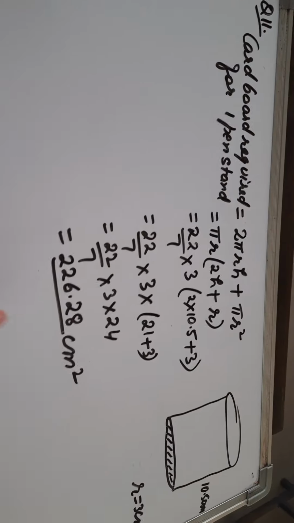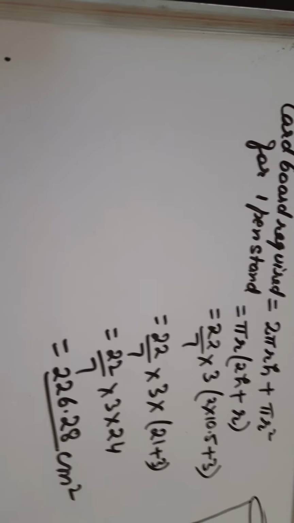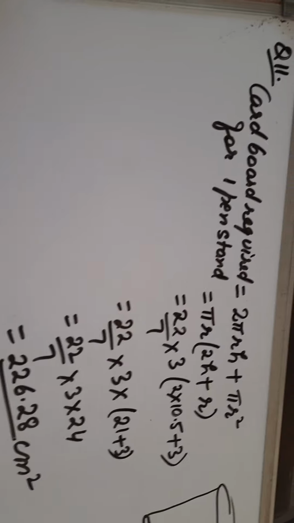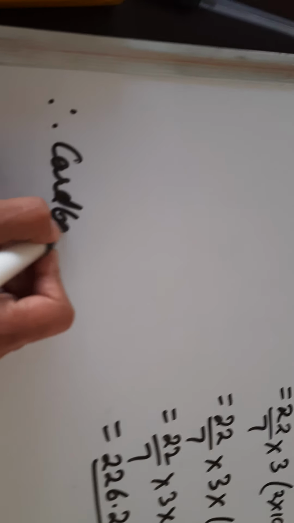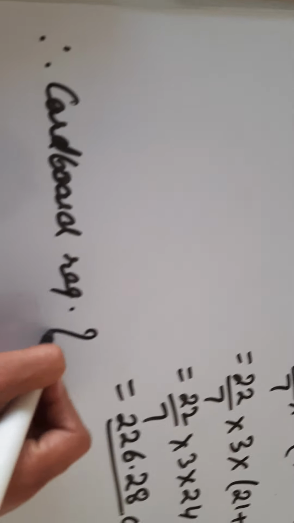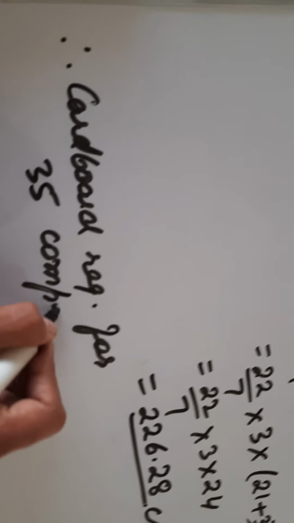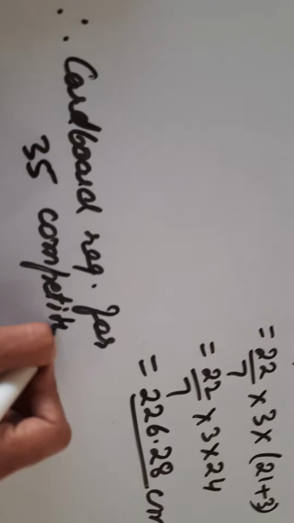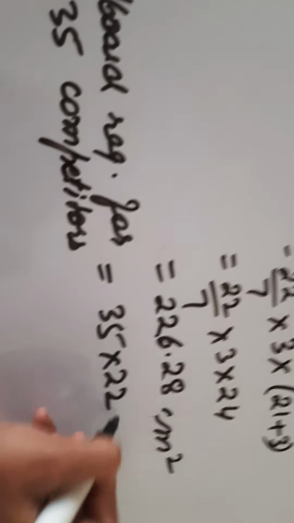Now this is the cardboard required for one pen stand, but we need to make 35 of them. 35 competitors are there. We need to get the cardboard for 35. So we'll write cardboard required for 35 competitors is equal to 35 multiplied by this 226.28 centimeter square.